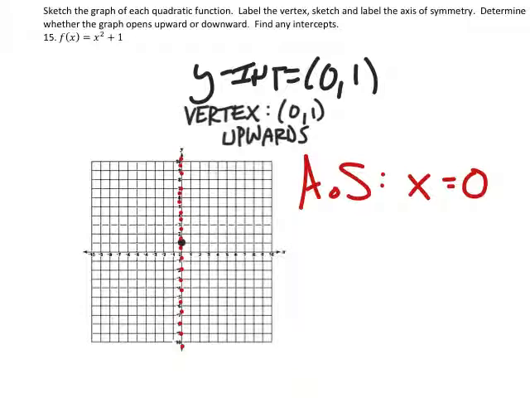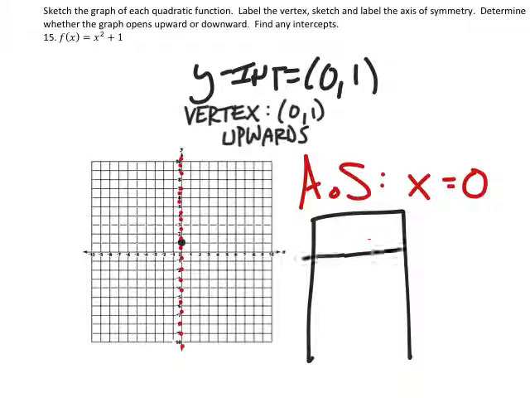And then, so we have the vertex, we have the axis of symmetry, and we know it's going to open upwards. The next thing we need to do is figure out some values that are going to work for this. I'm going to go ahead and make a table here where I have x and then the f of x value.